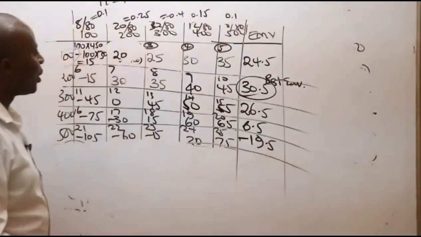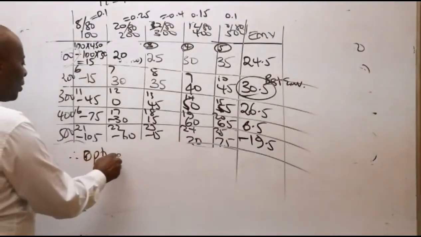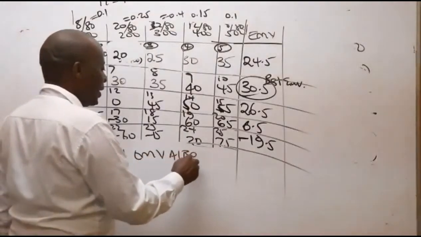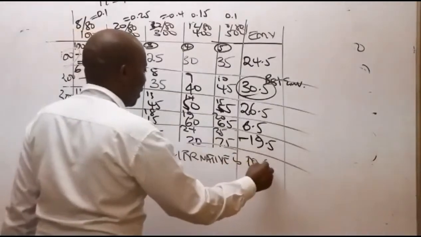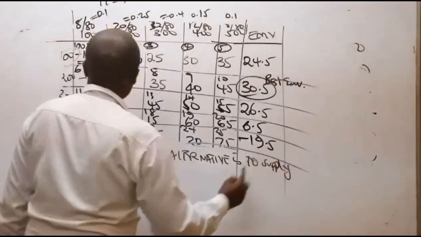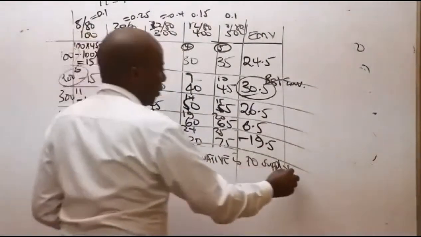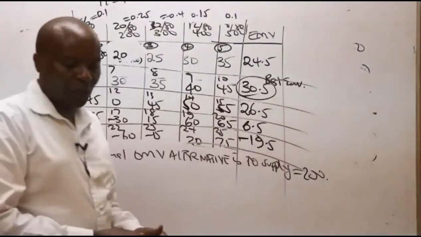So implying that the best or optimal EMV alternative is to supply 200 crits. Thank you.